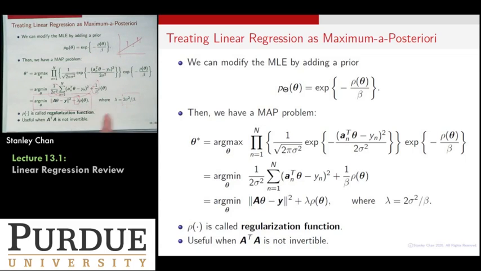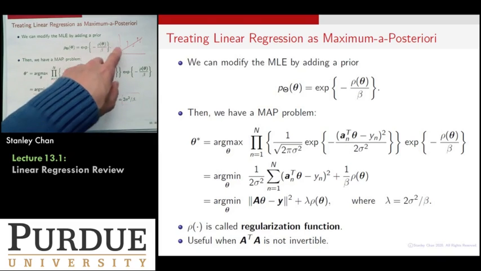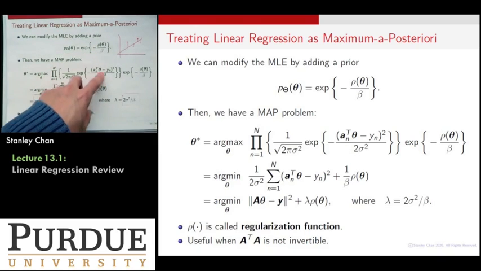That can define the lambda. But I wouldn't pay too much attention to that, because normally you don't have the 20 years of experience of choosing the beta, and you don't really have a way to make sure that this is Gaussian with sigma square. So at the end of the day, when you sit in front of the computer, you still calculate a bunch of lambdas to try and error.